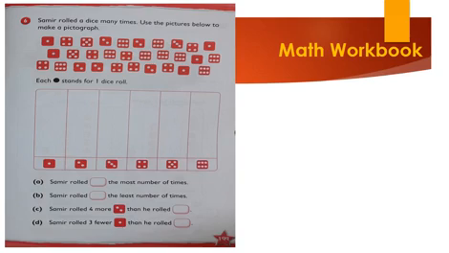Okay, kids, are you finished? Now let's see what your answer is. How many times did Samir roll the one dot dice? Okay, 5. How about the two dot dice? Still the same, 5. How about the three dot dice?